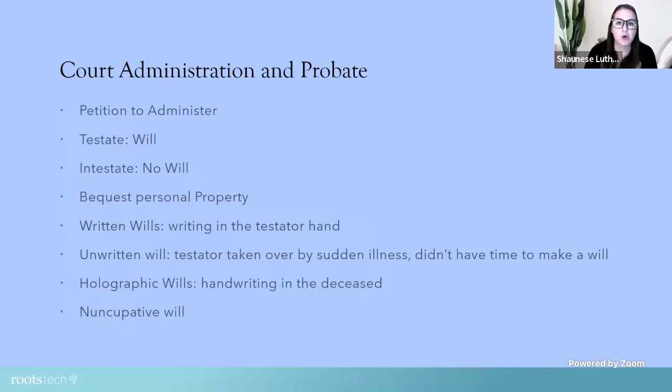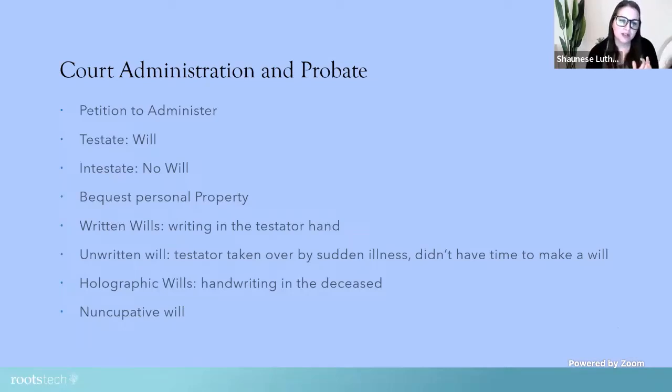Typically, if they have no will, you will have a huge probate file of petitions and inventories and notices, which we'll be going through. And then you also have the bequest of personal property. You have written wills, which is in the hand of the person.